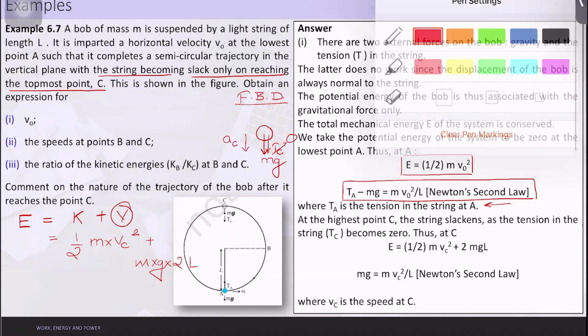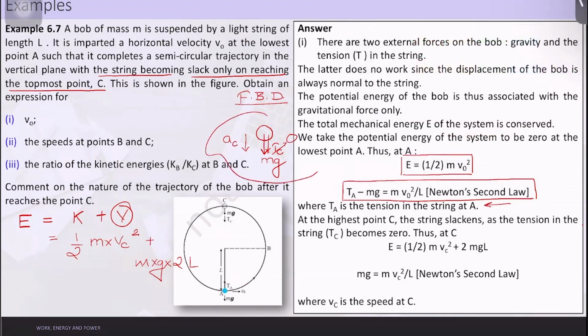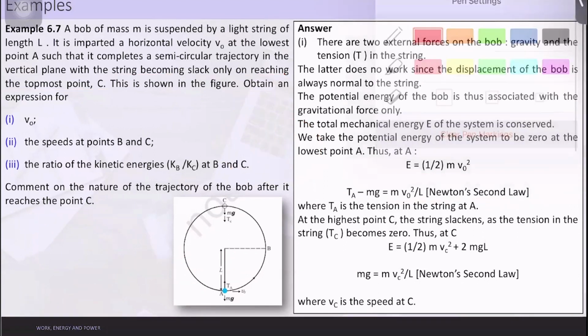Now let us look at this FBD. If we look at it very clearly, what can we get? We can get that mg is equal to m v_C square divided by L. So this is your first equation and this is your second equation, for point C. So till now we have 4 equations.